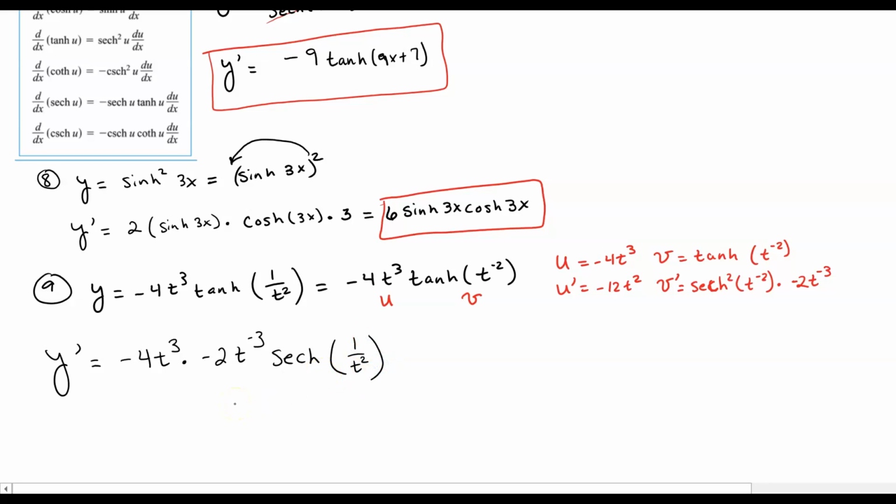Okay, and then we're going to add v u prime, which is going to be a negative 12t squared times the tanh of t to the minus 2.